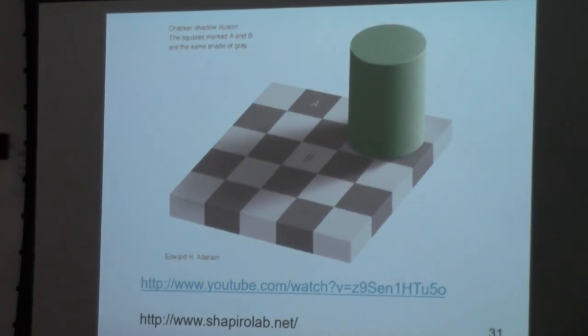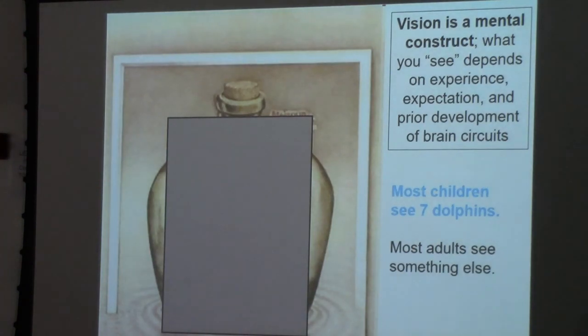You don't believe it because you know this tile is in this cylinder shadow, but it's a white tile, so this color is the same as this color, but it's not. This color is the same as this color. You don't believe it, but watch the video.